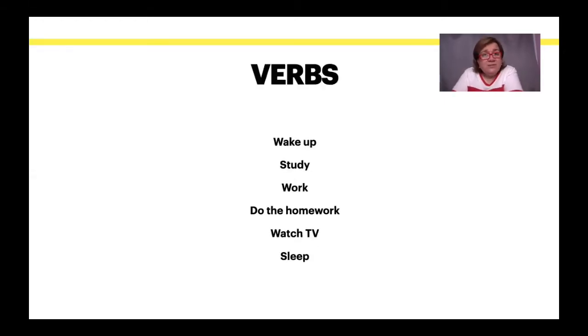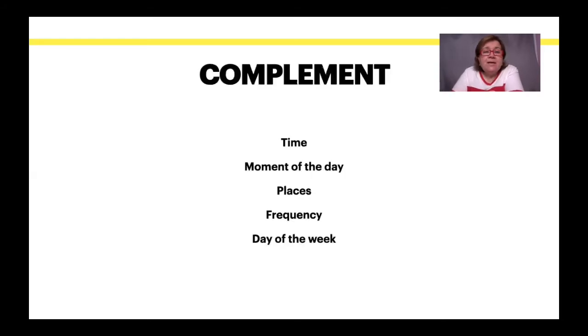We have some verbs, and I wrote some verbs that express routines like wake up, study, work, do the homework, watch TV, and sleep. We have the complement that is extra information.